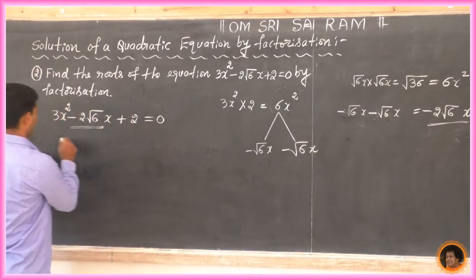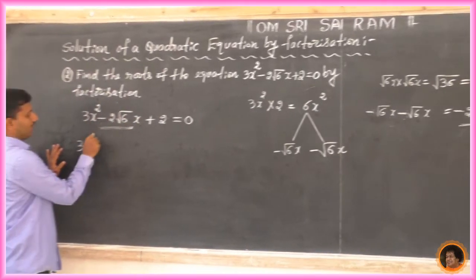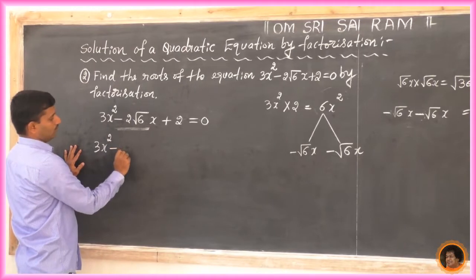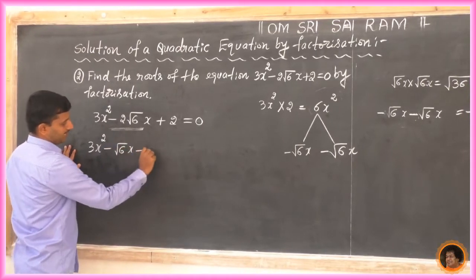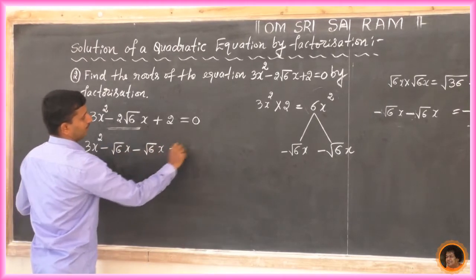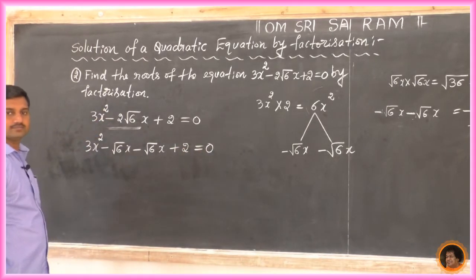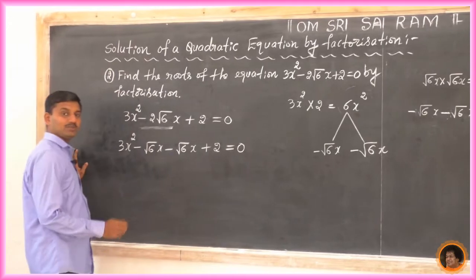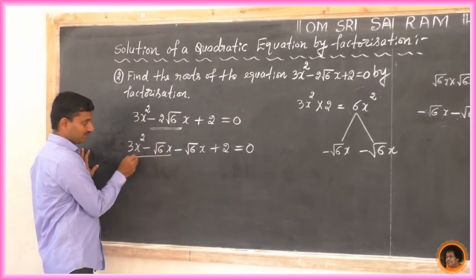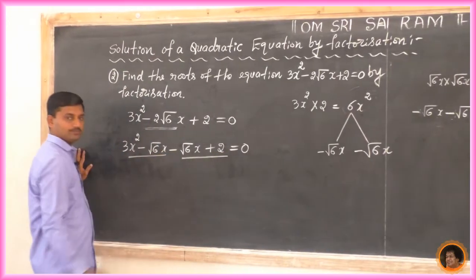Now substitute the value. 3x square minus root 6x minus root 6x plus 2 equal to 0. Now making the group of the two terms. So this is the first group and the second group.